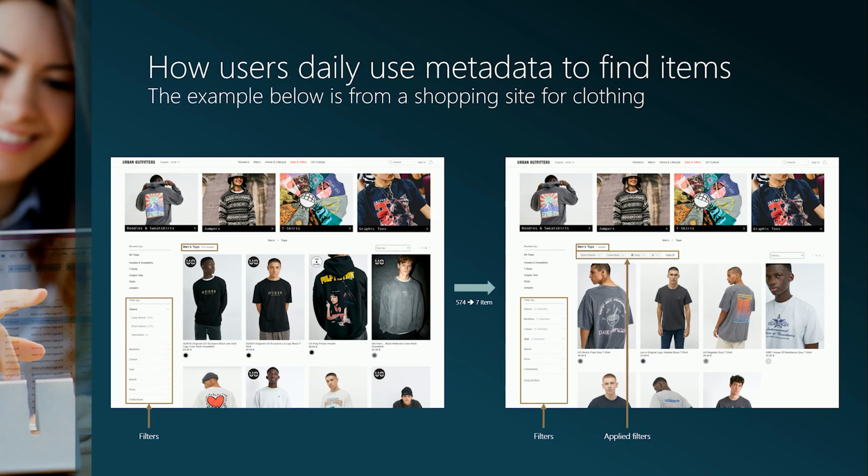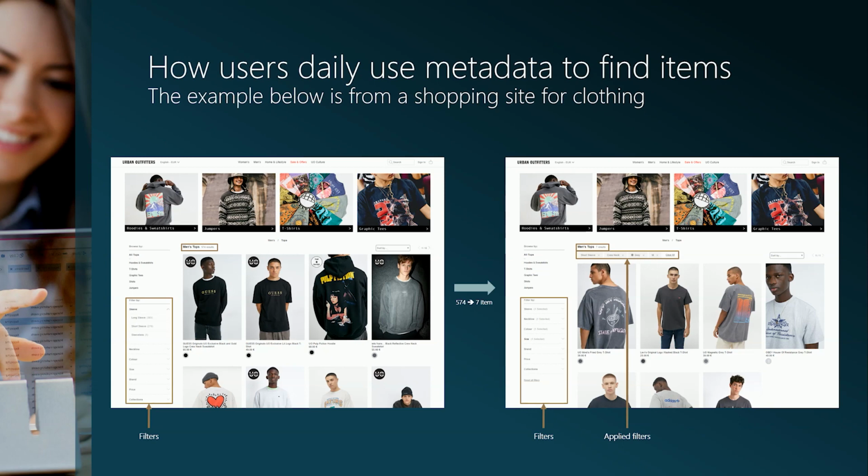On the screenshot on the left, you see that I have a pre-selection to look for shirts. There are 574 shirts to choose from, and instead of scrolling them all, I use the filters that are available on the left-hand side of the page to narrow down my choices.